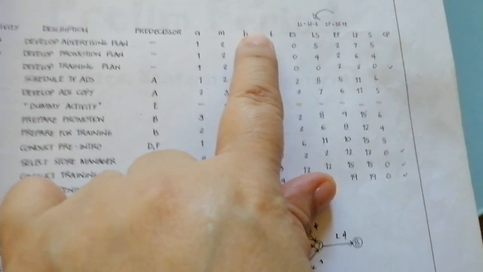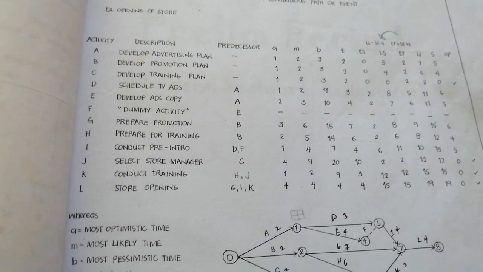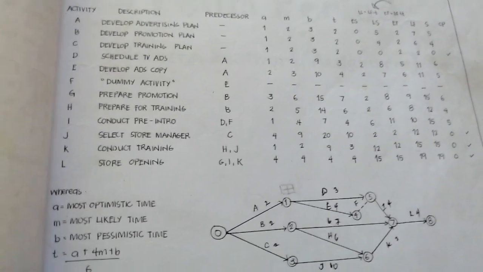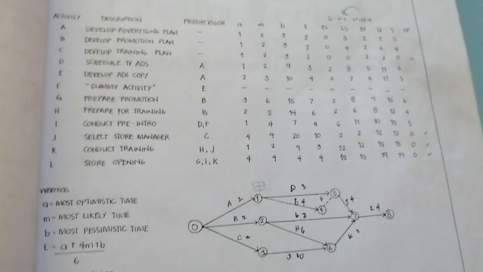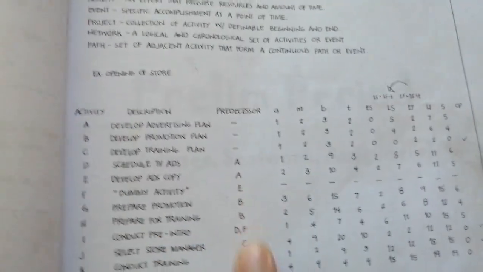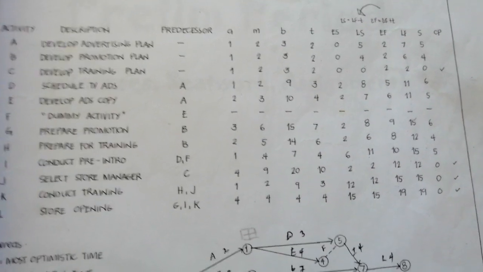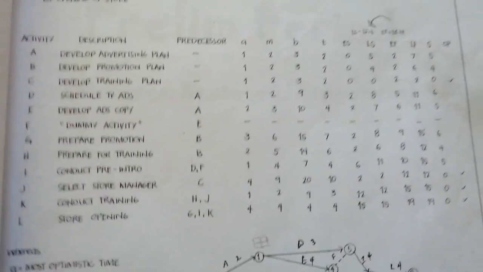And also the AMD. What are these AMD? Okay. A is the most optimistic time. If you look at the value of A, ito yung pinaka-maaga, optimistic. Ma'am, is it possible ba na you have an optimistic value masyadong maaga? Yes. In construction, di ba? Kasi ang pinaka-critical diyan sa construction actually is the pouring of cement.